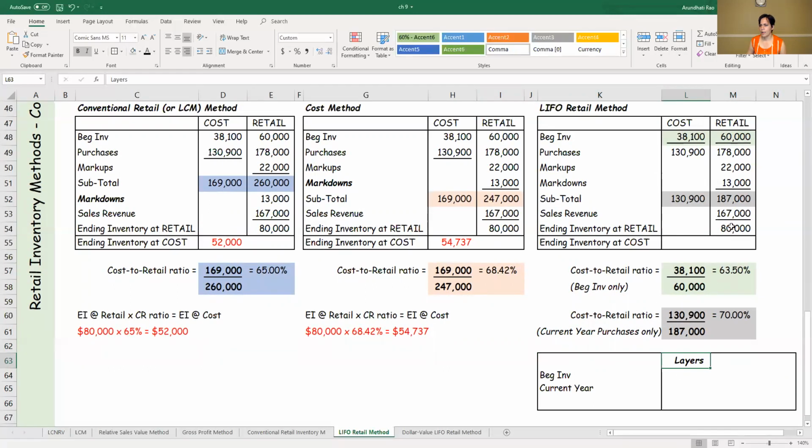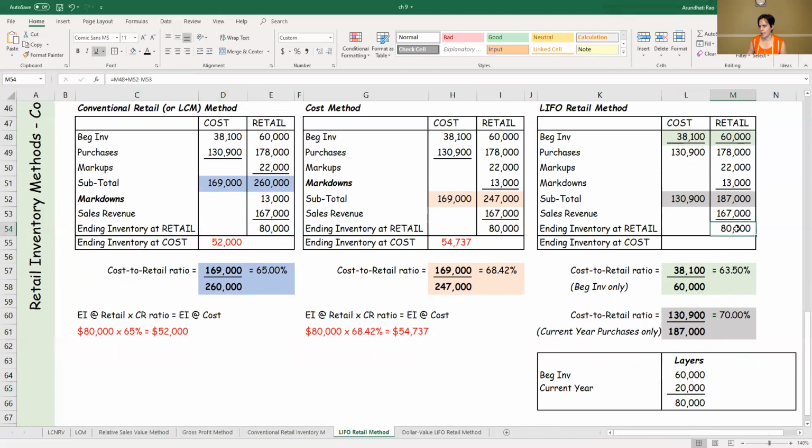So I have $80,000 as the total inventory here. How much of it is from the current year and how much is from the year before? 60,000 is from the previous year, that layer from the year before, which means 20,000 is from the current year.